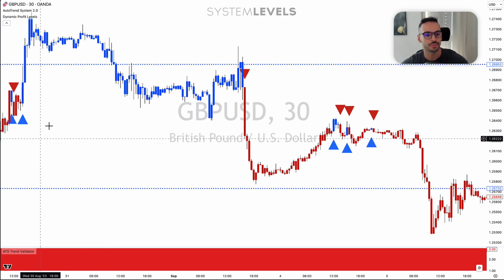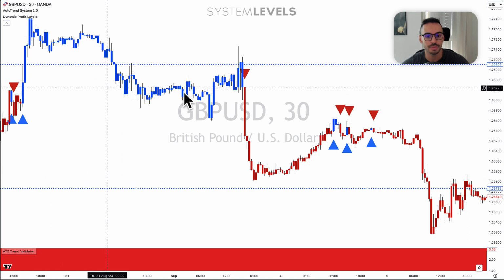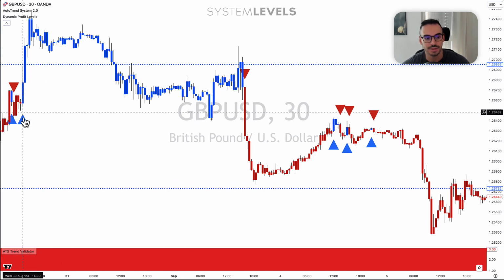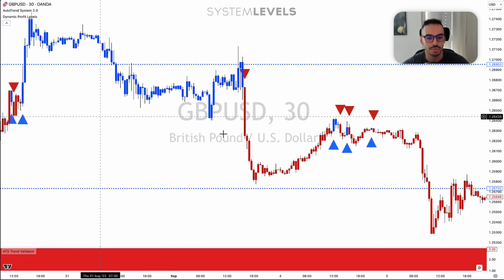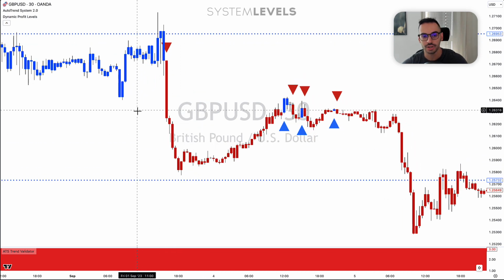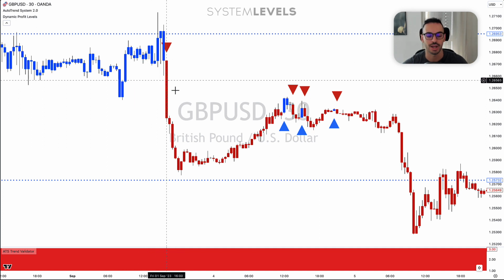So anything previous to that, so this uptrend here, we wouldn't be really interested in it. We will not be taking these blue signals here because the trend validator is red. So we're automatically excluding 50% of the signals from our chart. We're only interested in taking short signals on our time frame because the trend validator is red.